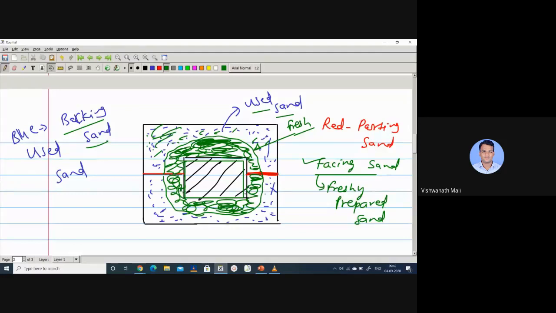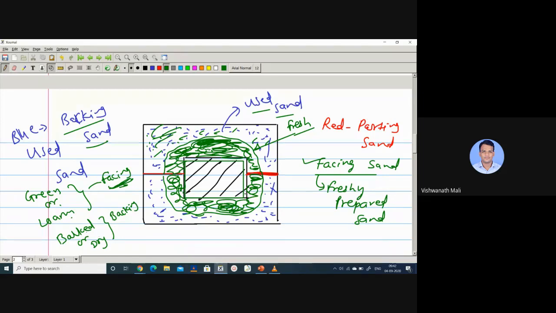This green or loam sand we will use as facing sand, and whatever the baked or dry sand, that we use for backing.